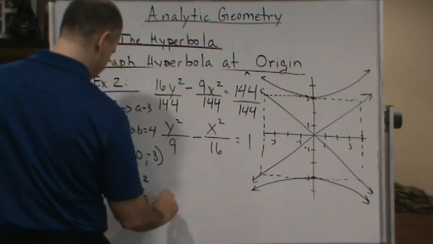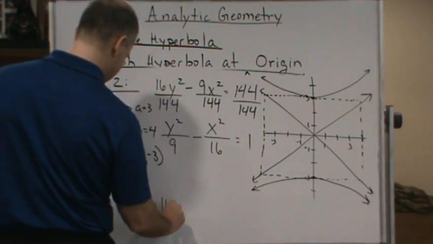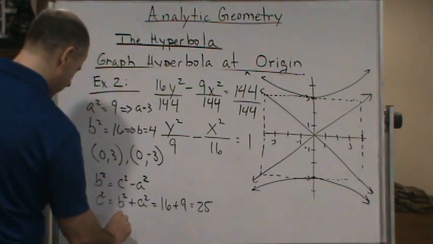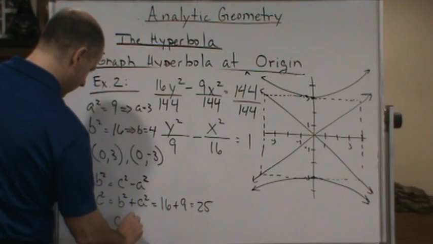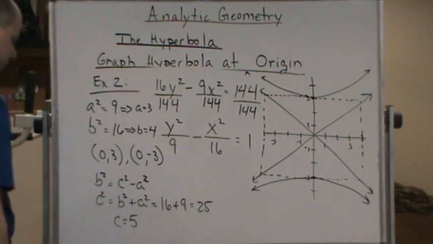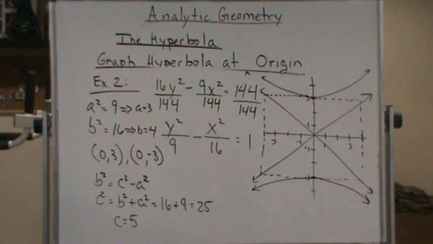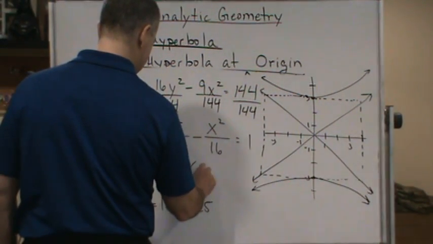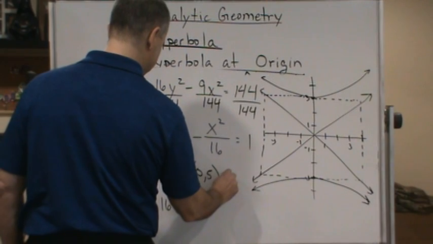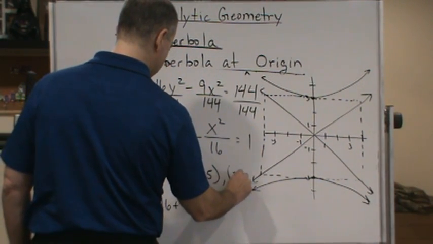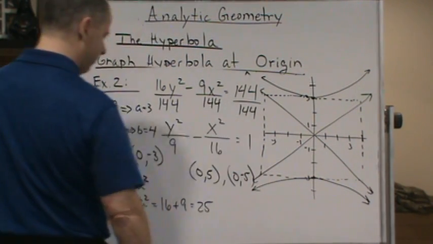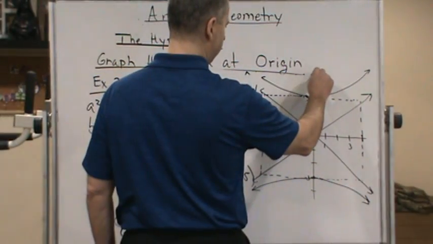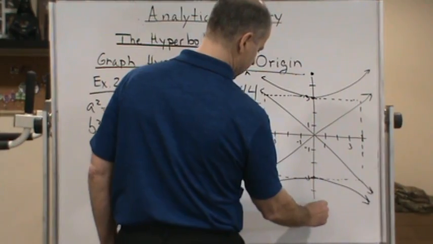Again, which is going to be 16 plus 9, which equals 25. And then c is going to equal 5, right? Square root of 25 is 5, so c is 5. That means the foci are located where? 0, comma 5 and 0, comma negative 5. Okay? So up here and down there.